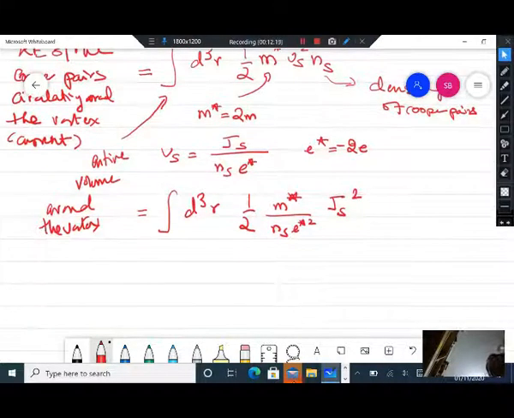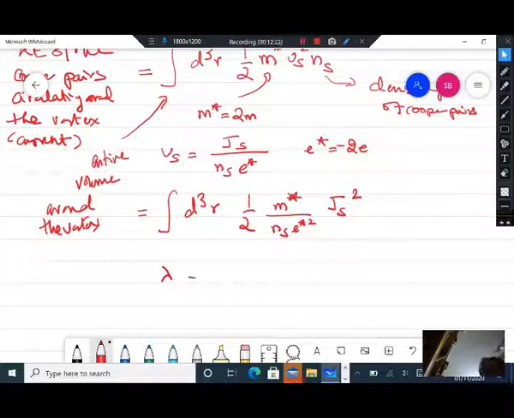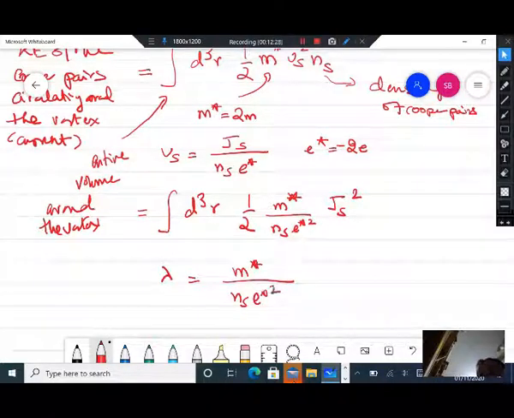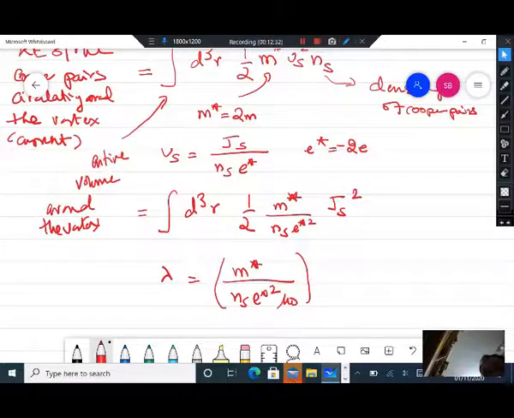And lambda, which is the penetration depth, is m star by ns e star square mu naught raised to half.